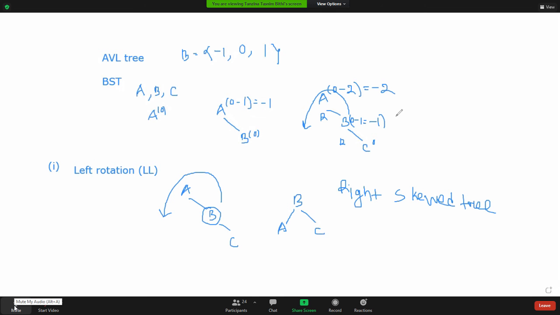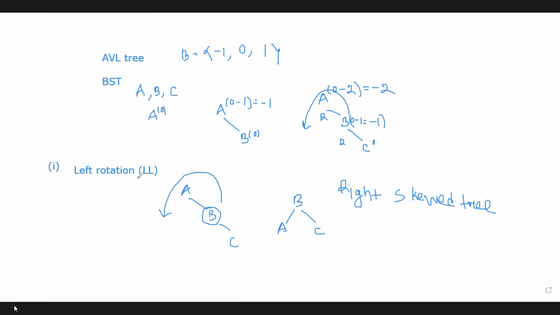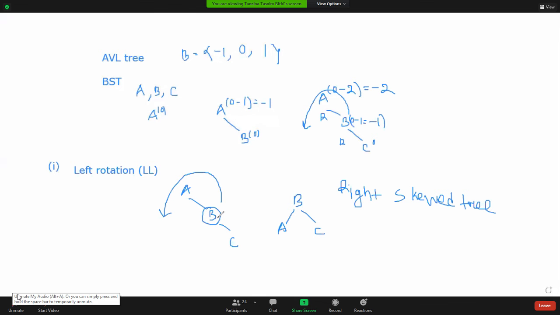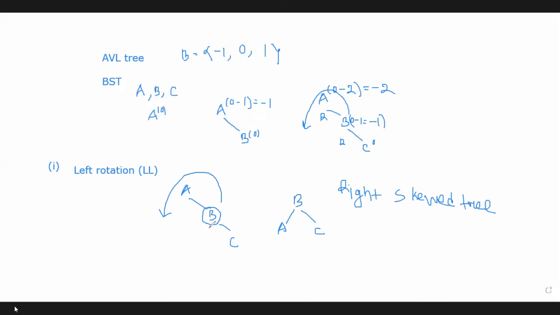Is it clear how we are making this unbalanced tree a balanced tree? By using left rotation, that means take some nodes from the right side and add them in the left subtree. Which node was taken? A. Take the root node and make it the left child of the new root node. And which one is the new root node? The middle one is selected as the root node.